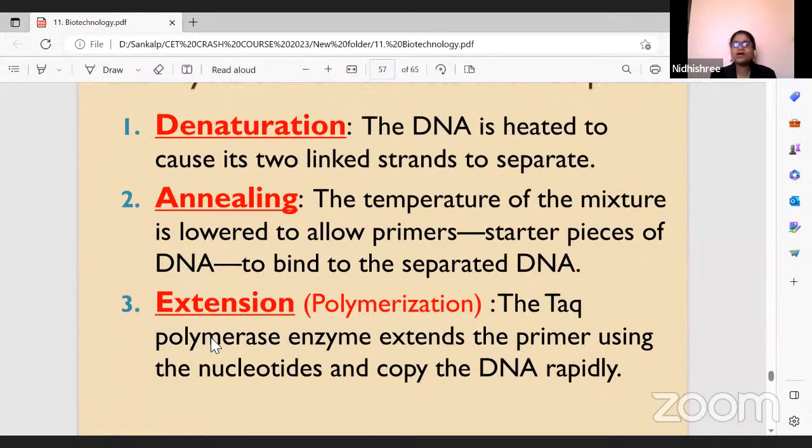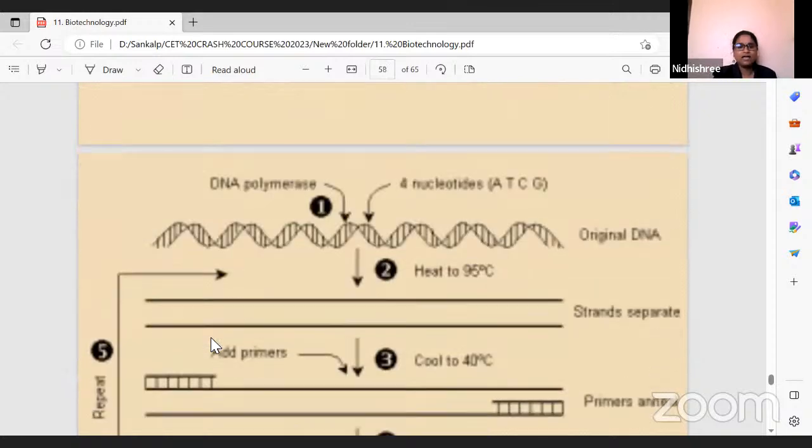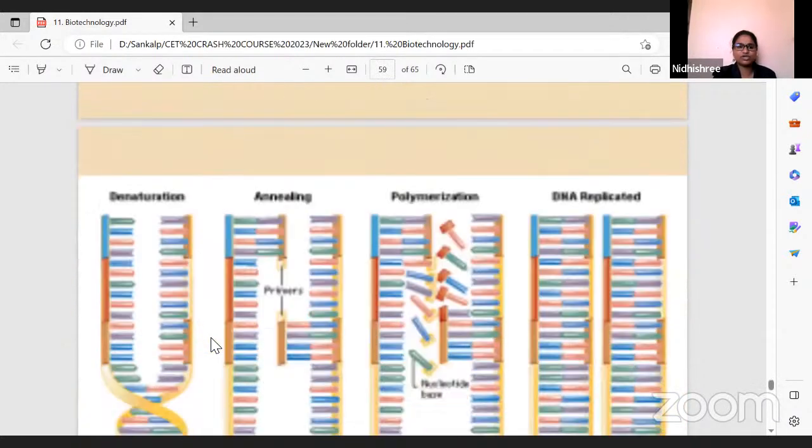For that we have to lower the temperature, and that process we call annealing. The next one is extension or polymerization. The Taq polymerase enzyme extends the primer using the nucleotides, by complementary base pairing, and copies the DNA rapidly. This is how polymerase chain reaction occurs.